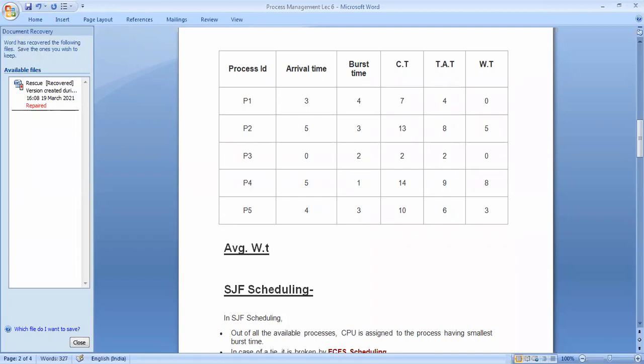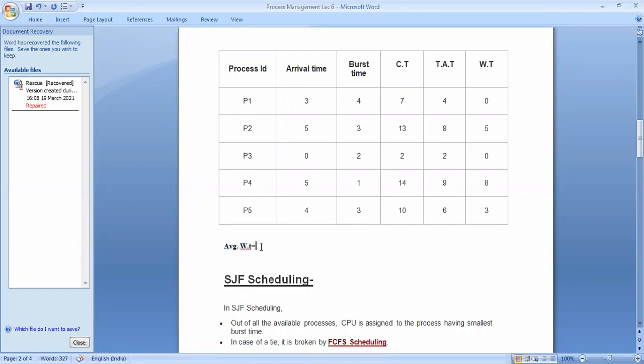Average waiting time equals 0 plus 0 plus 5 plus 8 plus 3, divided by 5.